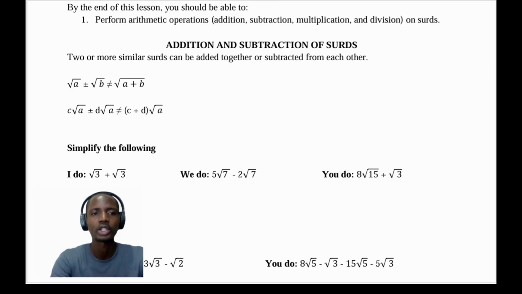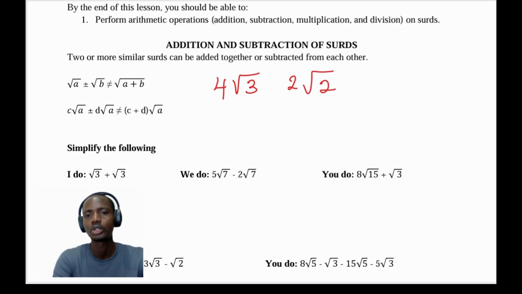Just to refresh your memory, 4 root 3 and 2 root 2, they are not similar because the radical part for this is root 3, the radical part for this is root 2. They are not similar. So there's no way we can add these two surds together since they are not similar.